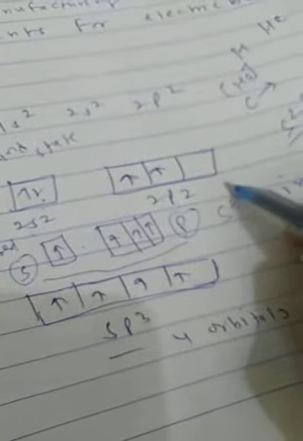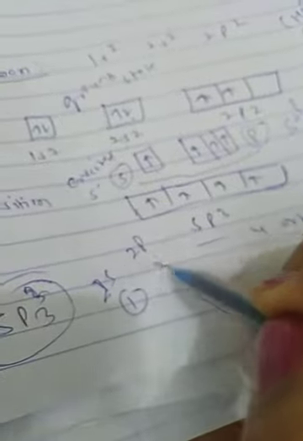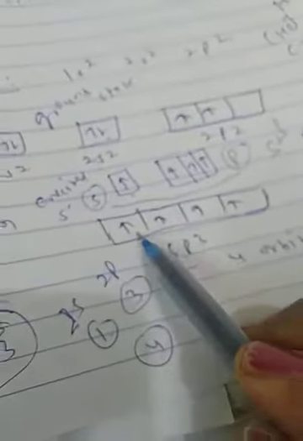That is, mixing of one s orbital. One s, not two s. One electron from 2s and three electrons from 2p. Combined, they will form four electrons of equal energy, neither s nor p. This hybridization is called sp3 hybridization.